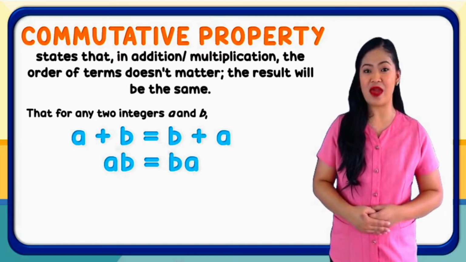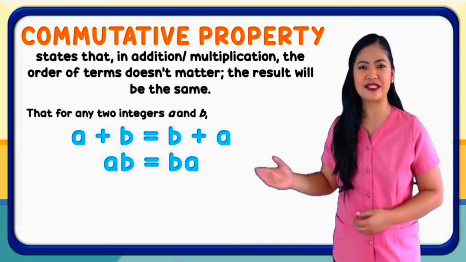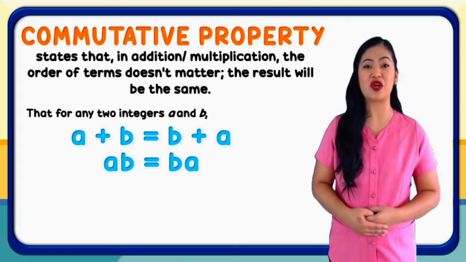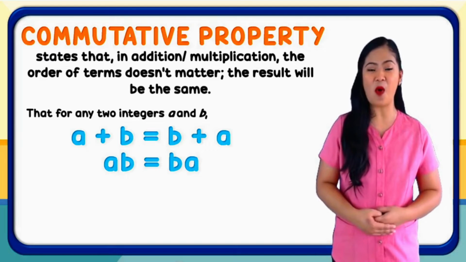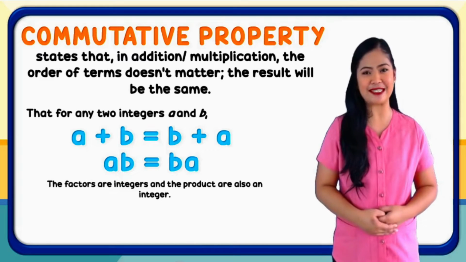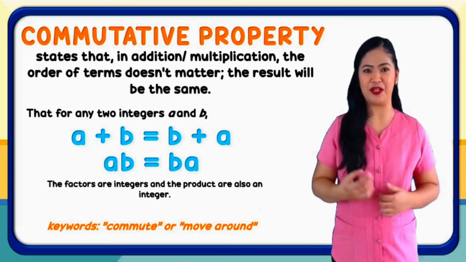The same thing goes with multiplication. A times b is just equal to b times a. No matter which comes first, the sum or the product will just be the same. Remember these keywords: commute or move around.